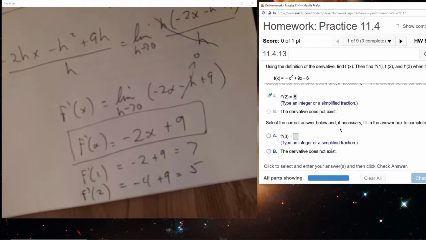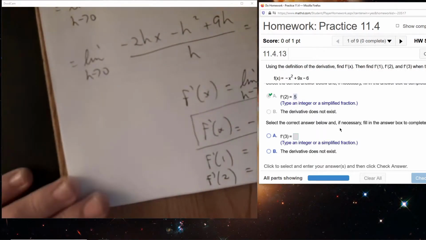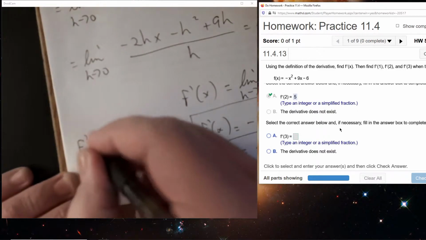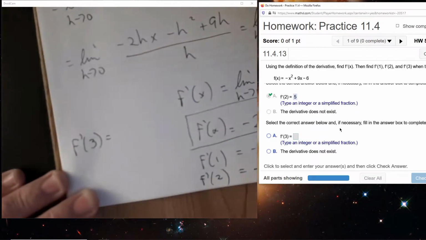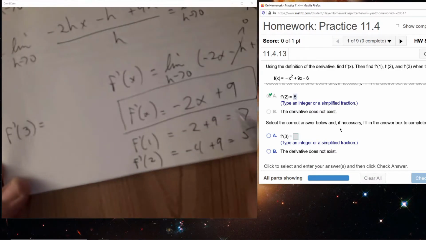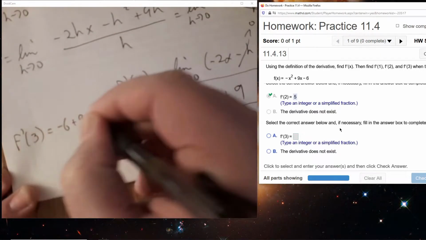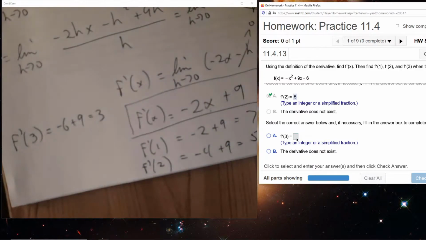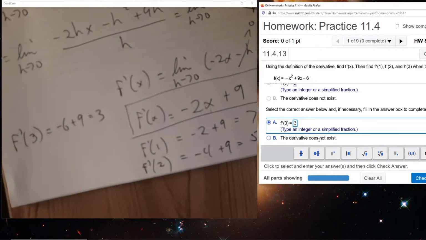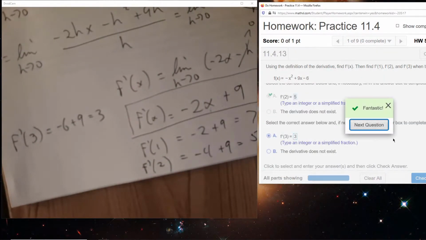And then f prime of 3, I guess I'll write that over here. So plugging in 3, what do we get? Plugging 3 into this, so minus 6 plus 9. And there's the first question.